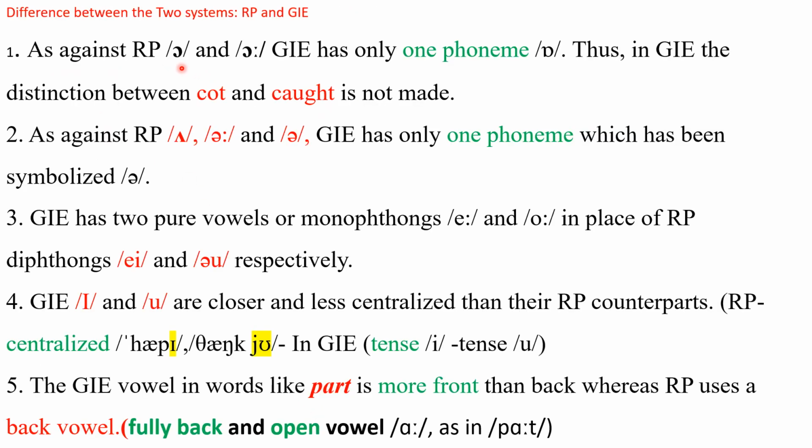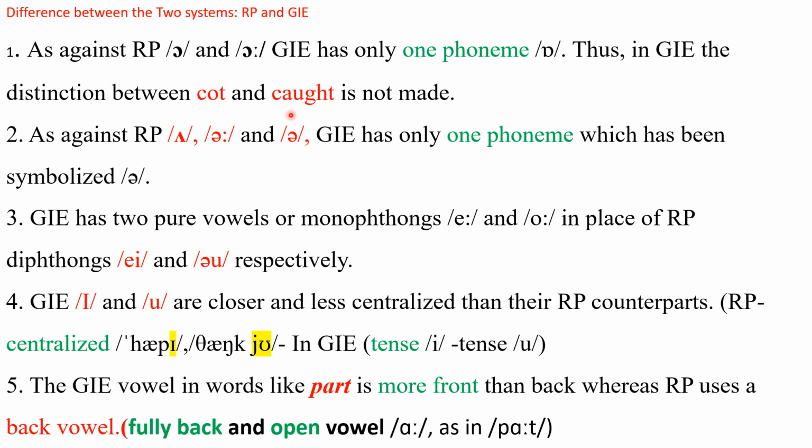In RP, there are two phonemes, a short and a long, but in GIE only one phoneme. That's why the distinction between cot and caught is not made. They are pronounced alike in Indian English. But in RP, there is a clear distinction: this is short, this is long.